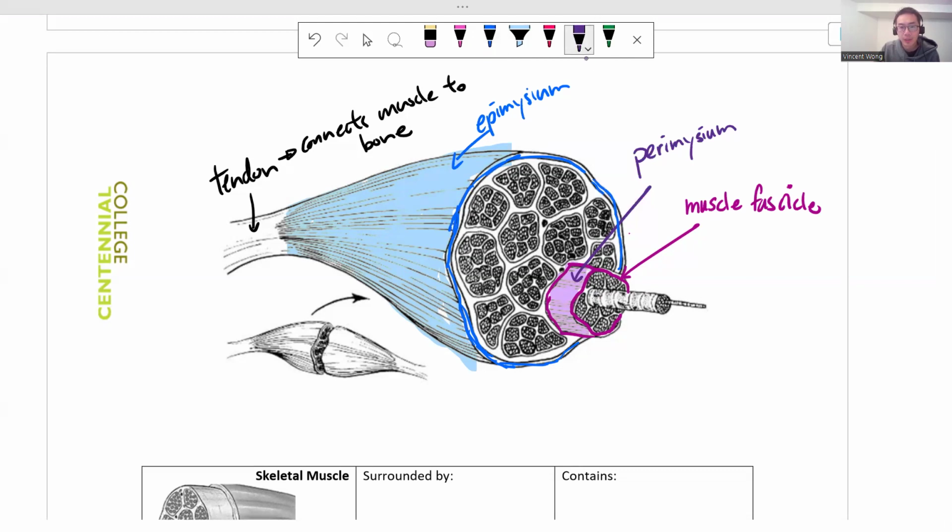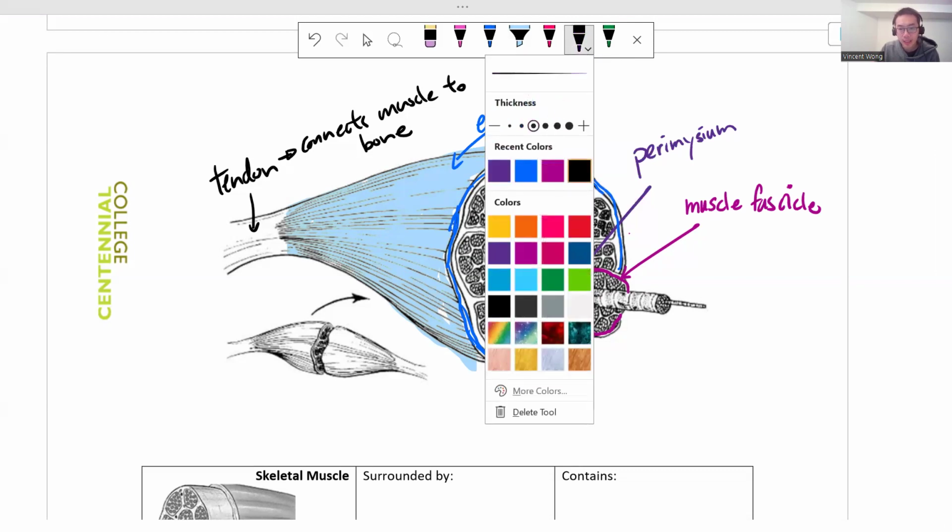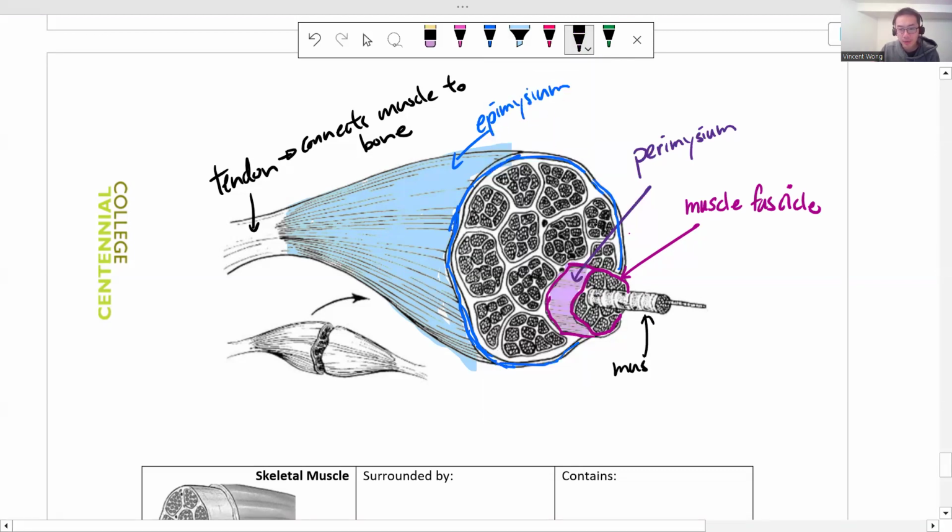And there is another muscle fascicle there, and then another muscle fascicle, and so on and so forth. And just very quickly, this guy right here, that's the muscle fiber, the muscle cell, and then here is the myofibril.